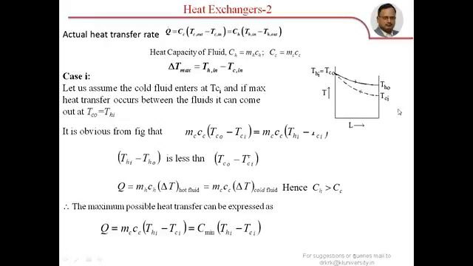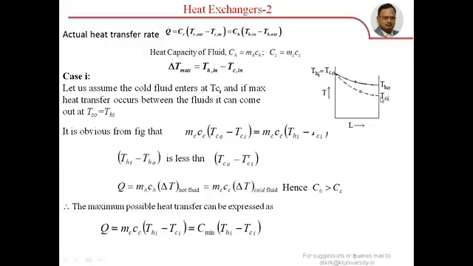I will repeat. Look at this figure. The cold fluid is undergoing maximum temperature rise. So I am assuming that maximum heat transfer is occurring in the cold fluid. So the formula for Q maximum is MCCC into TCO minus TCI.